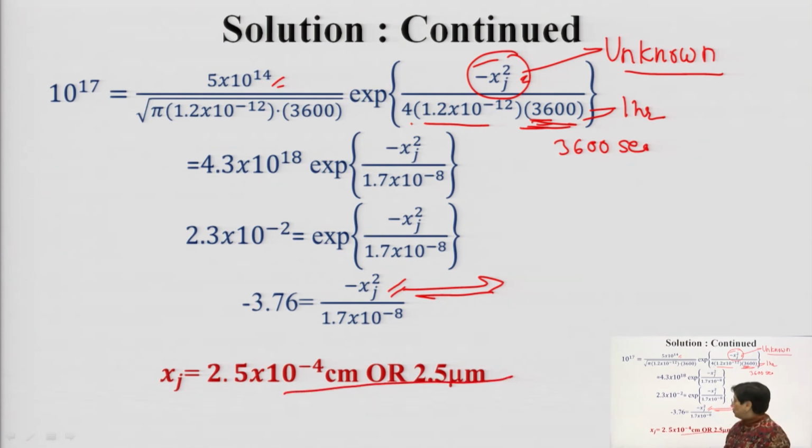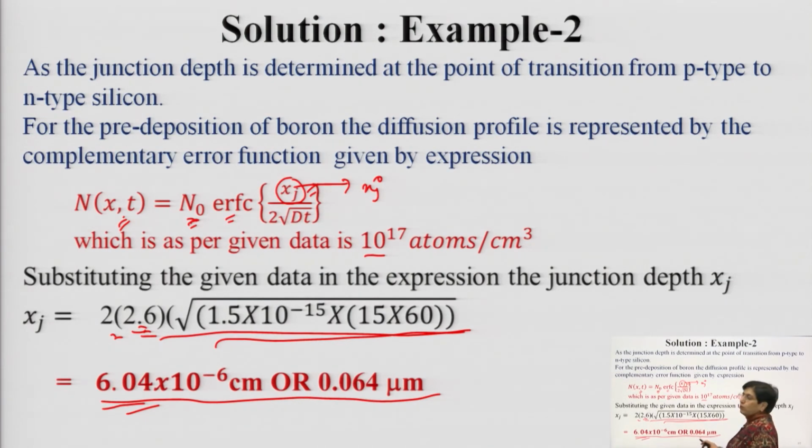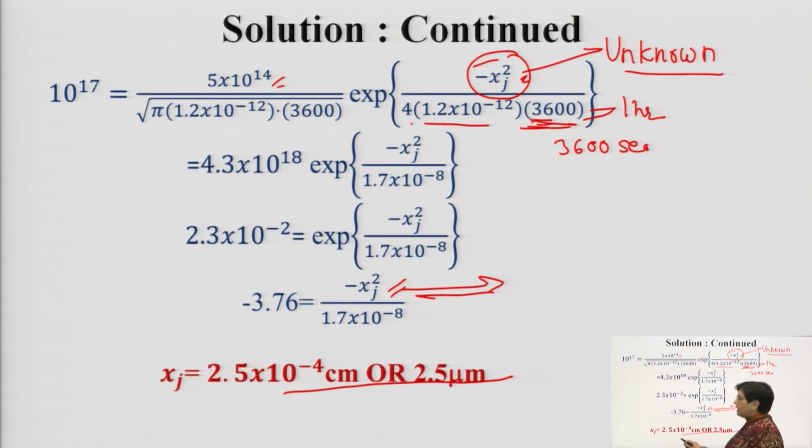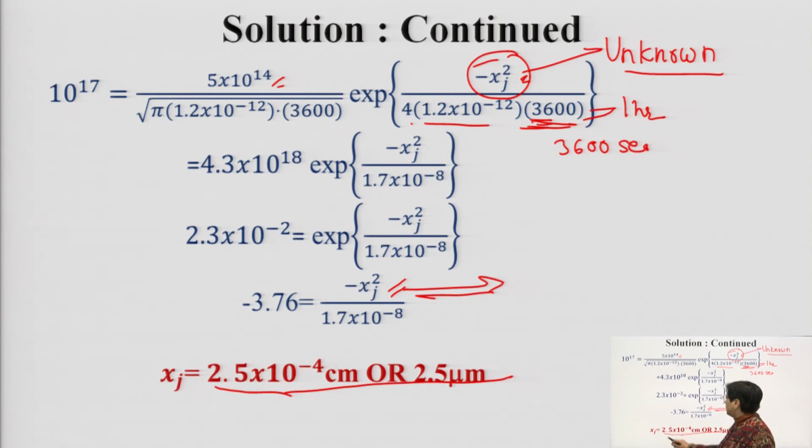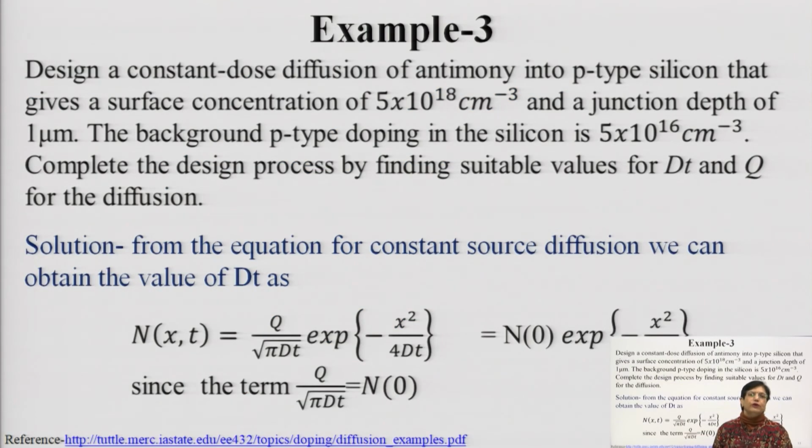Initially the deposition was 0.064 micrometer, and after that it has gone to 2.5. So, the total will be the sum of these two. The total junction depth you have got is 2.5 into 10 raised to the power minus 4 centimeter, or 2.5 micrometer. Another example is basically to apply this equation for designing same diffusion profiles.